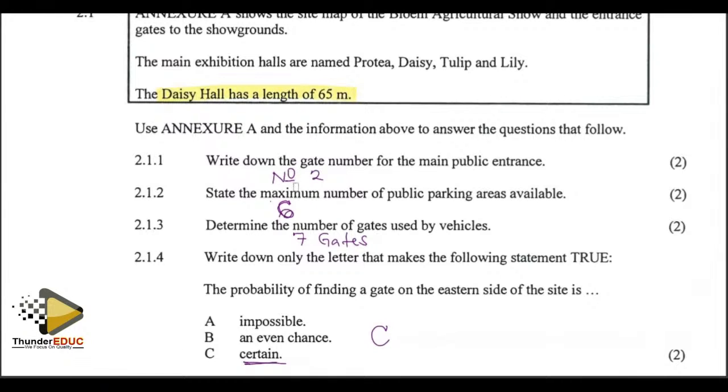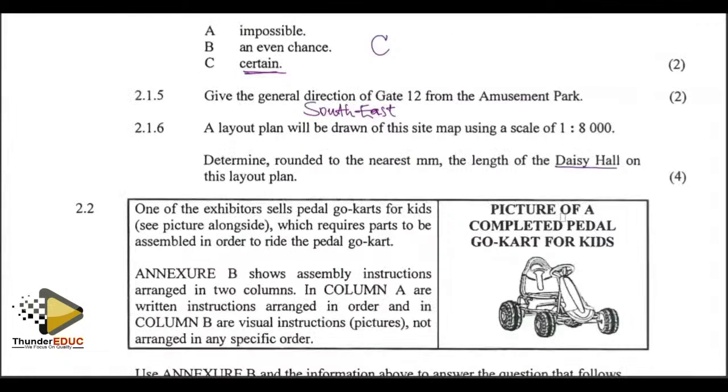That is the actual length. So they want it on the layout, which is on paper. So they've given us 1:8,000, but we have 65 meters in real life. What will it be on paper?